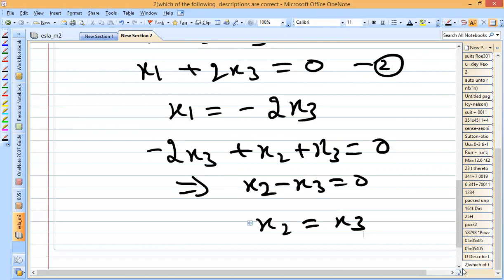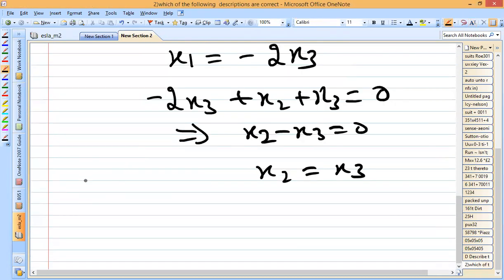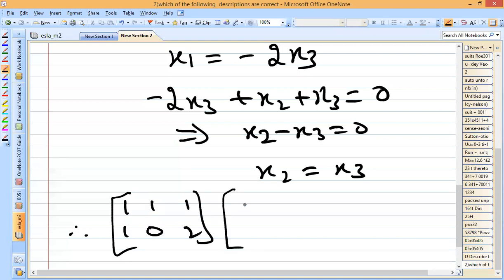Having this, you can substitute the conditions for x here. In the given expression Ax is equal to 0, you can write the elements of A as 1 1 1 1 0 2, and x1 x2 x3 can be replaced as x1 is equal to minus 2 times x3. I'll be substituting x1 as minus 2x3, x2 is nothing but x3, and x3 remains x3.